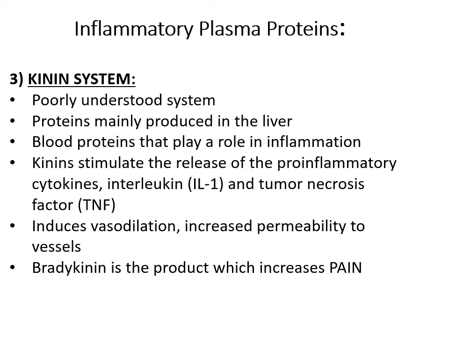Which then allows more vasodilation and more permeability from the blood vessels to bring in even more fluid. So think of these systems as just a system of proteins to upregulate, to increase the inflammation, okay? And these proteins are made in the liver. Almost all proteins that you can think of are made in the liver. It's the main factory of the body, okay?